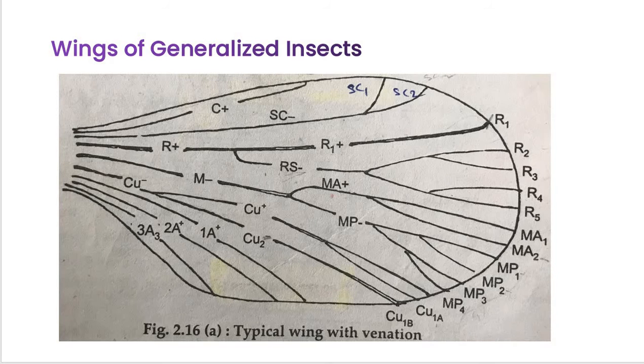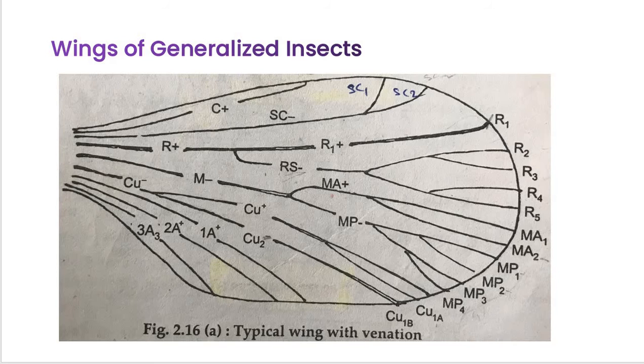Now the wings are somewhat triangular in shape and possess three distinct margins: the anterior or costal margin, then the outer or apical margin, and the inner or anal margin. Okay, now here we have the wing venation. The veins are also called nervures.